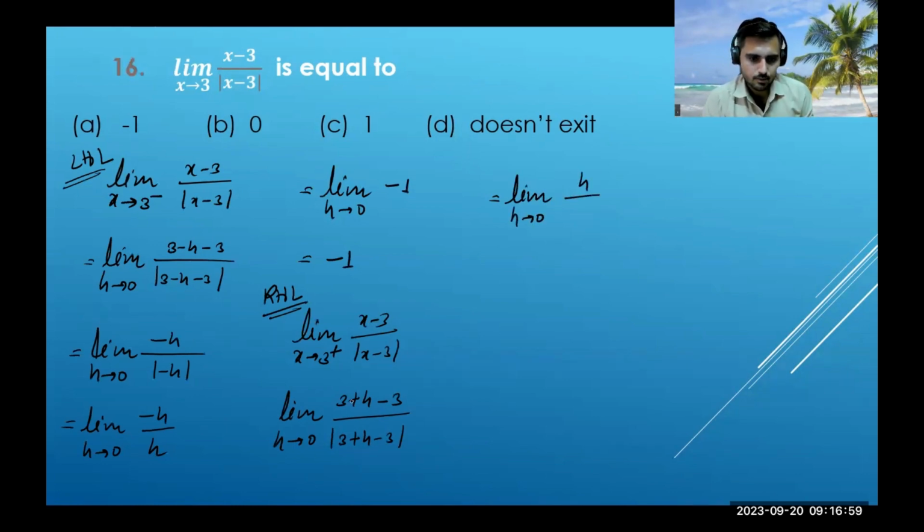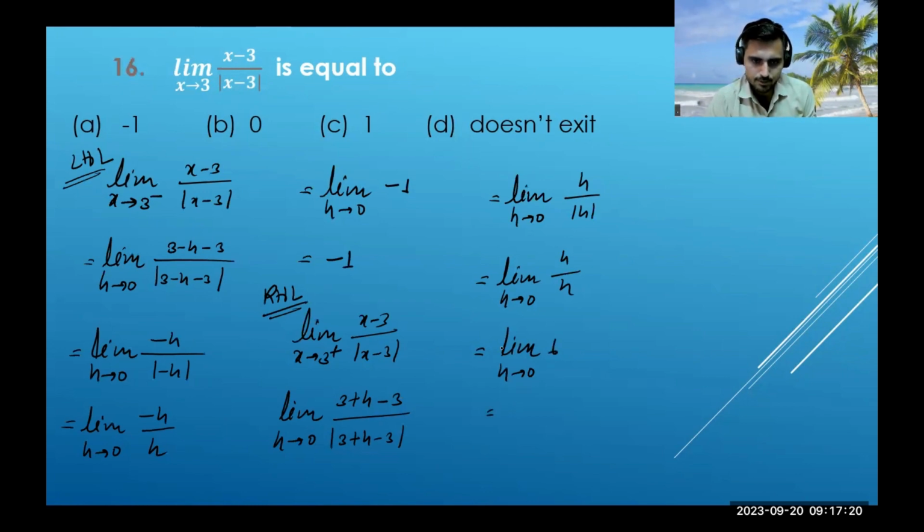Again we have h, because 3 and minus 3 will become 0, and here also the same. So we get modulus of h. So limit h tends to 0, h upon h, right? It will become 1, and now we can substitute the limit directly, so we will get 1. So we have LHL minus 1 and RHL plus 1. It means the limit does not exist, both limits are not equal. So in that case, the limit does not exist. So the option will be D.